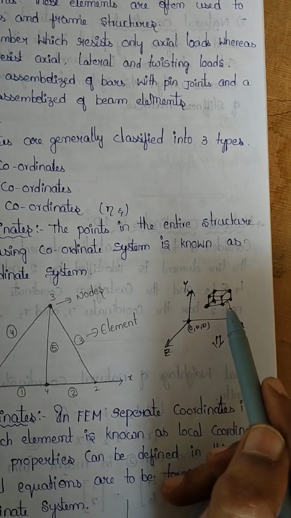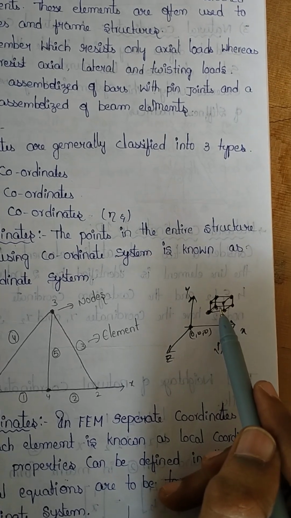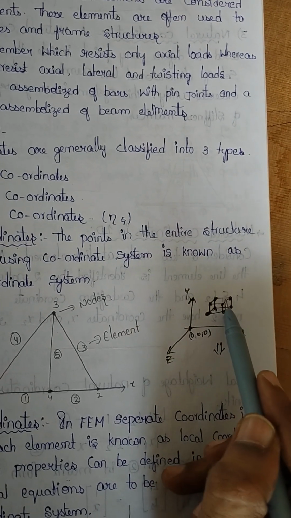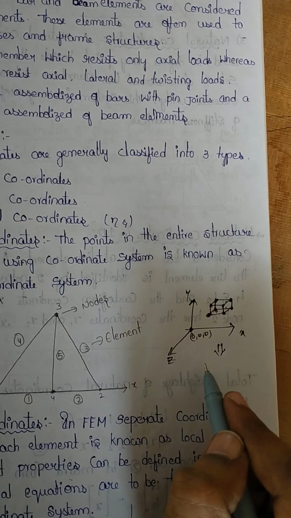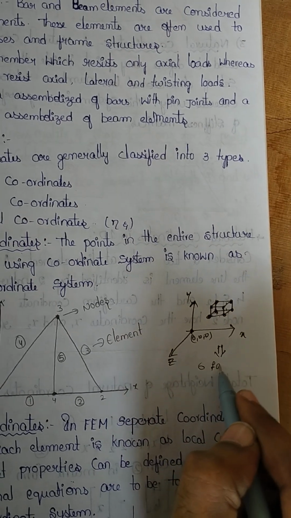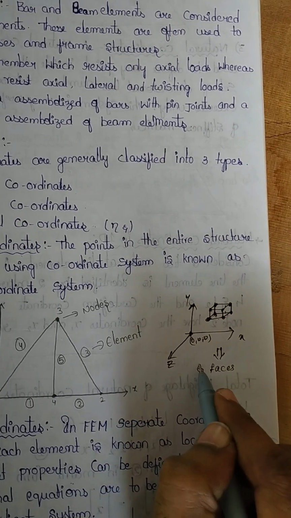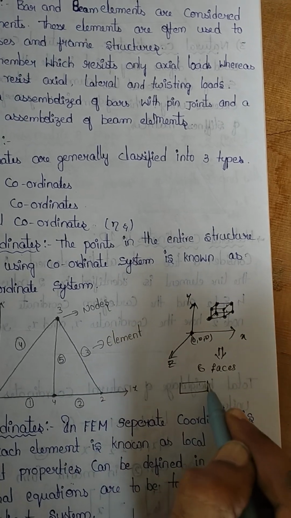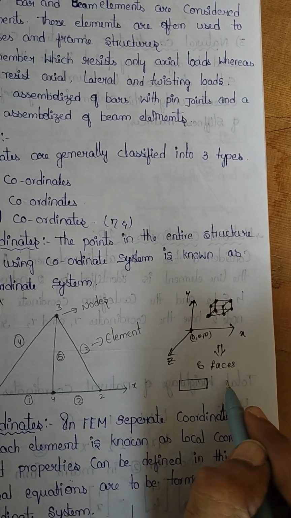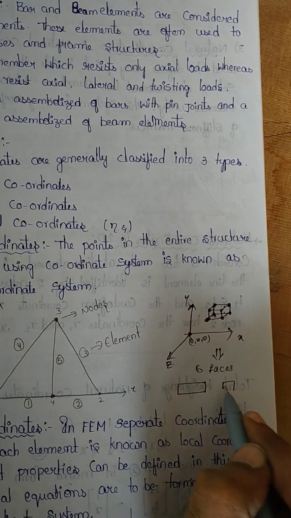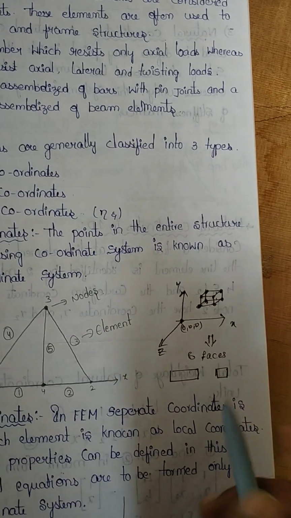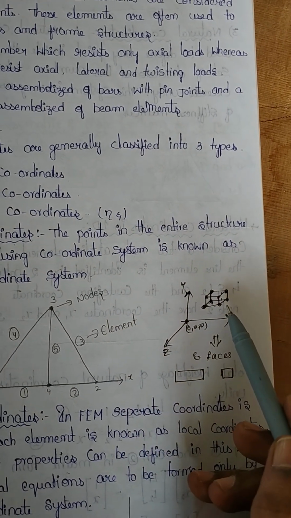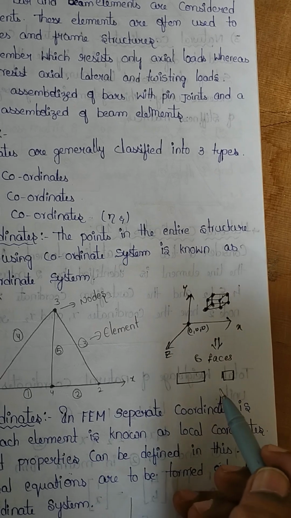How many faces does a cube or brick have? 1, 2, 3, 4, 5, 6. Six faces will be there for a brick. The faces are the plane surfaces. It has rectangular plane surfaces and square plane surfaces. So we will discretize that 3D element into 2D elements.